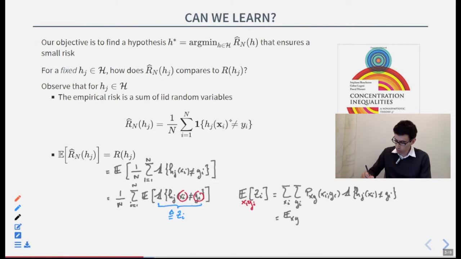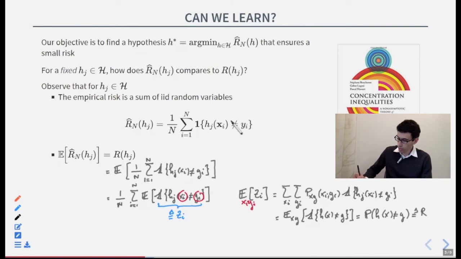And this is just the expectation over xy, where the distribution of x and y are the ones given in the model, of the indicator function of h of x not equal to y. And by definition, as we saw before, this is the probability that you're making a prediction error, h of x not equal to y.